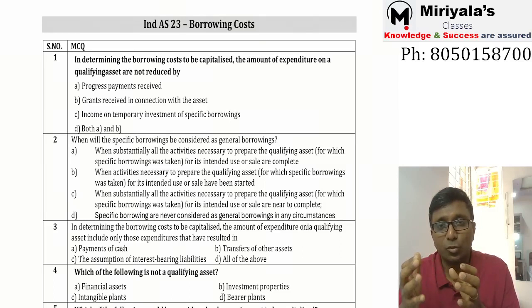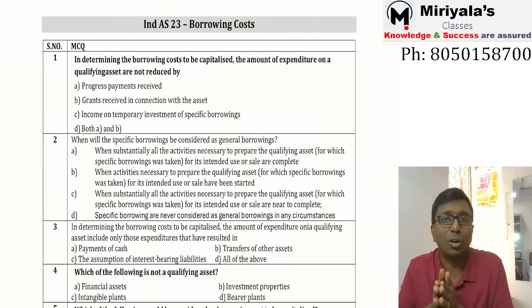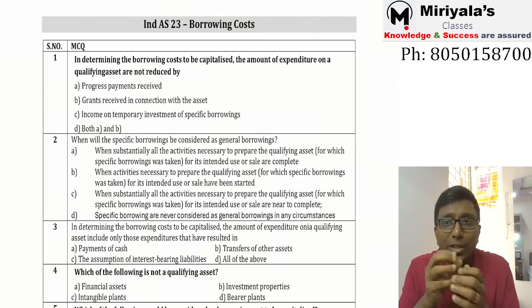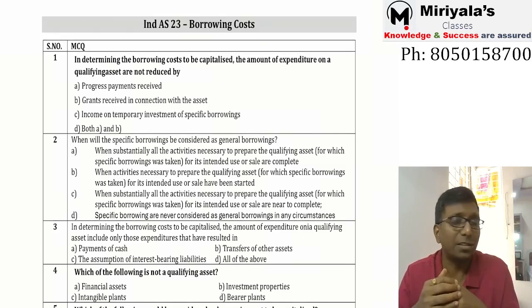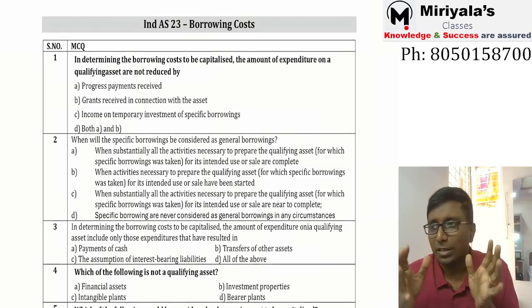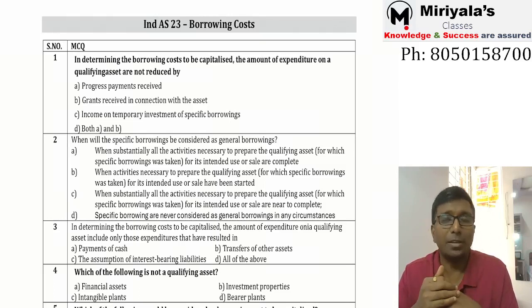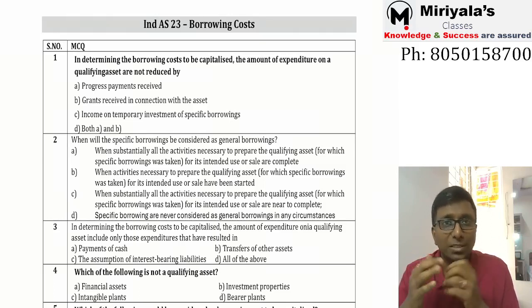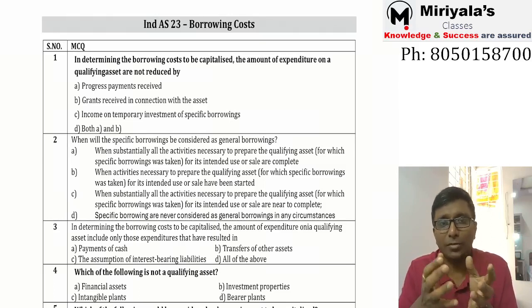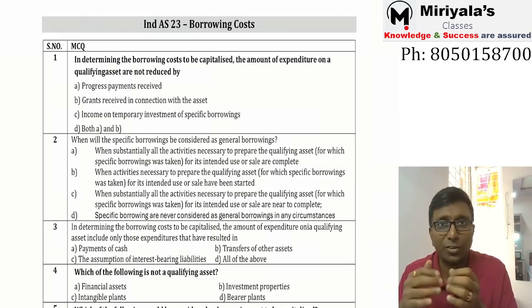Foreign exchange fluctuation loss on the foreign currency borrowing, to the extent it is regarded as borrowing cost. In one company very recently, we have done the same. There is a big plant, and there are loan borrowings from the foreign parent company, an ECB. Obviously there is a lot of foreign exchange fluctuation loss.